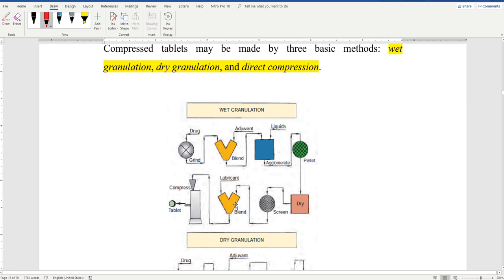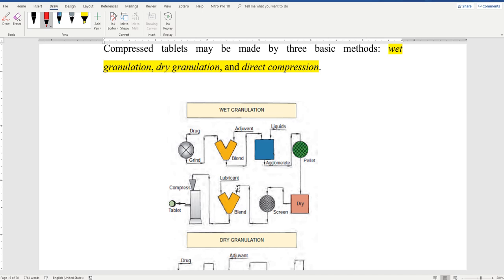You will add the disintegrating agent. If you didn't add all of it here, then you will add half of it here. And the last step is usually lubricant. And lubricants, especially when I'm talking about magnesium stearate, are usually added in the last step, and I do not want to have a uniform mixture like with other ingredients.